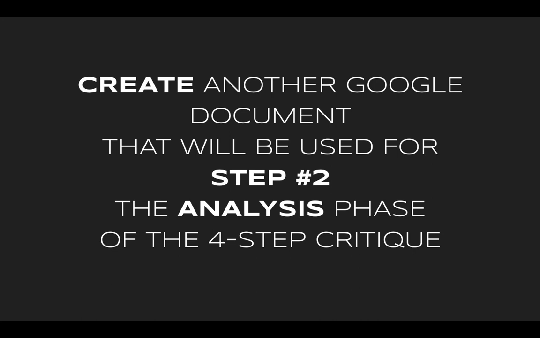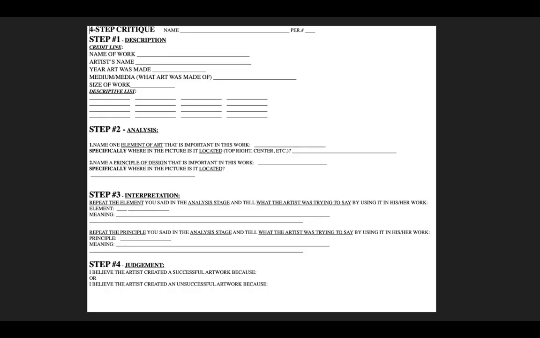You're going to hand that in, and then you're going to do step 2, which is analysis. And there will be, again, an Edpuzzle video that I'll post for you. Step 2, analysis, is right here, and it'll tell you exactly what you need to do. You should watch the video so that you feel a little more at home in step 2. And of course, you'll get credit for watching it on Edpuzzle.